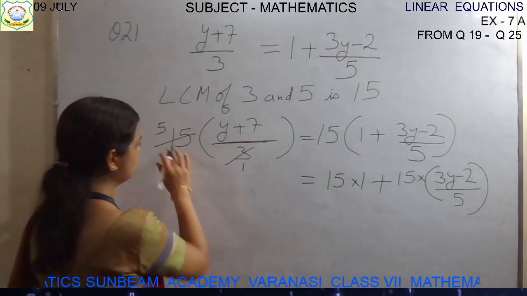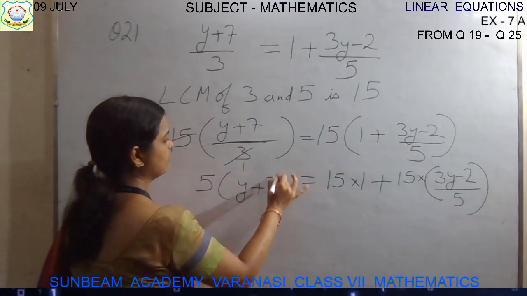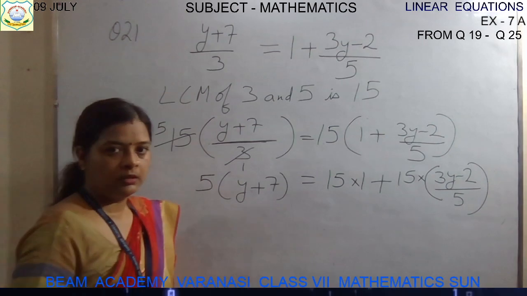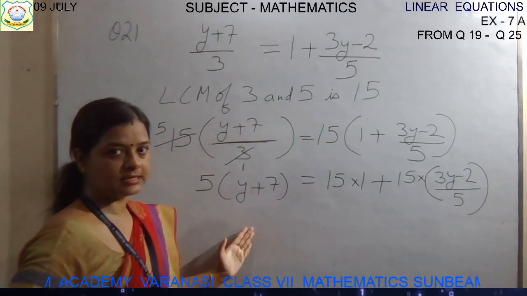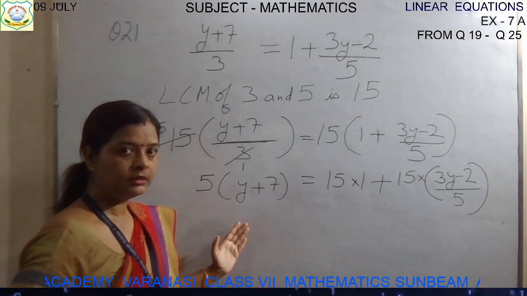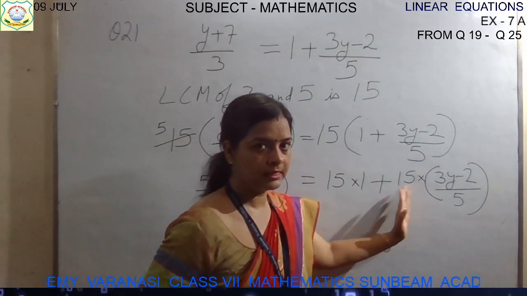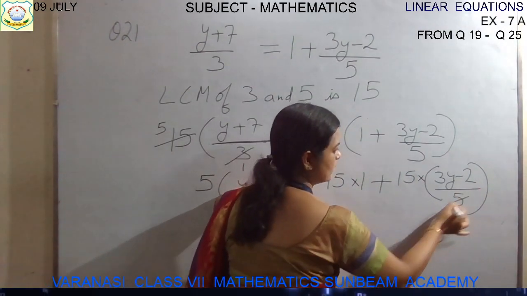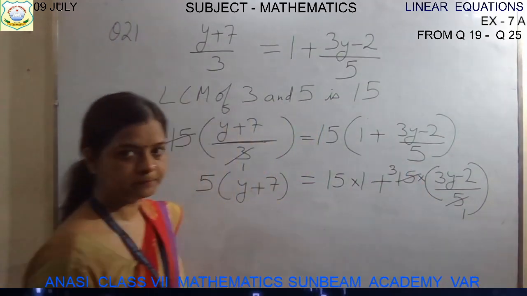And here what is left? 5 into y plus 7. This denominator is now cancelled out, so only 5 into y plus 7 is left on the left hand side. Now it is whole upon 5, children, so now you can cut. 5 ones are 5 and 5 threes are 15.